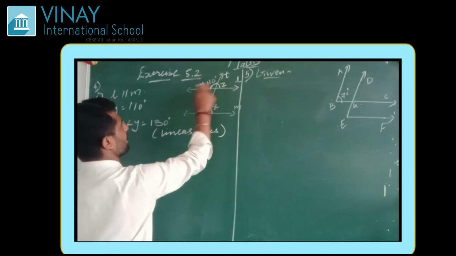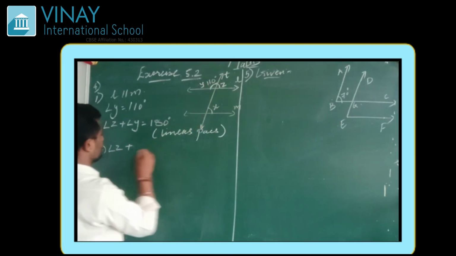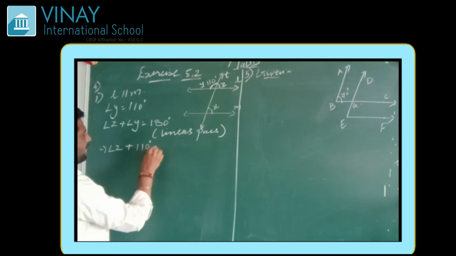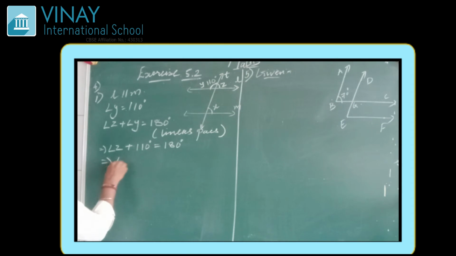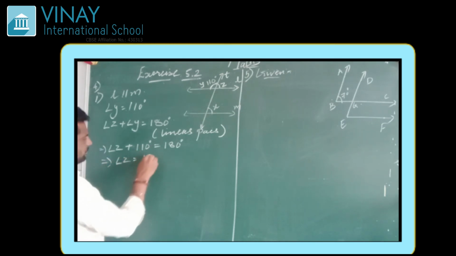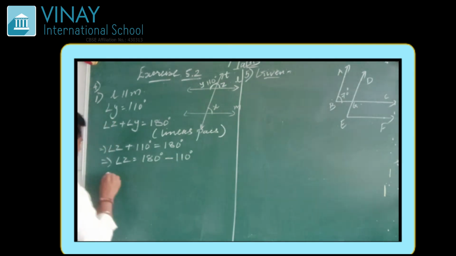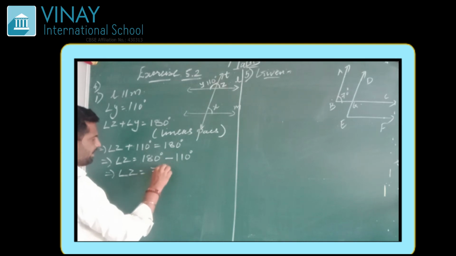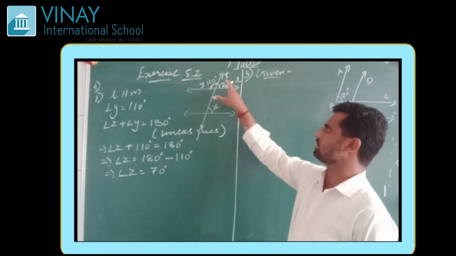Angle Z plus 110 degrees is equal to 180 degrees. So angle Z is equal to 180 degrees minus 110 degrees, and we got angle Z is equal to 70 degrees.